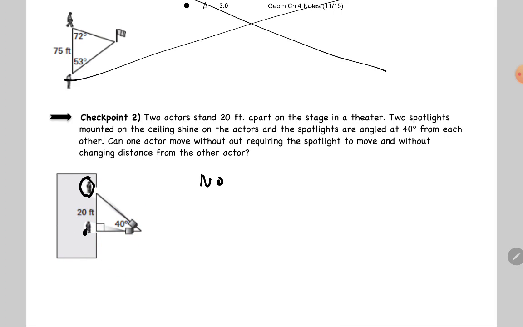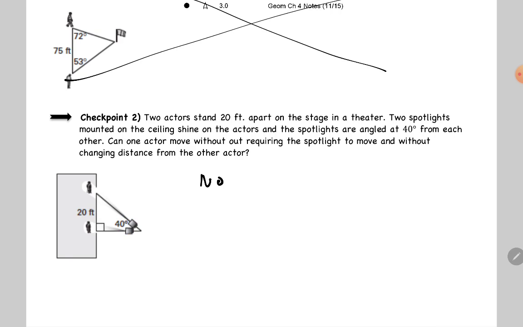If one actor moves that way, that means the spotlight has to move that way as well, increasing its angle. So no. What they're trying to show you with this problem is that you're going to make a different triangle if he moves over here, because this will no longer be 20 feet, it will be longer than 20 feet.